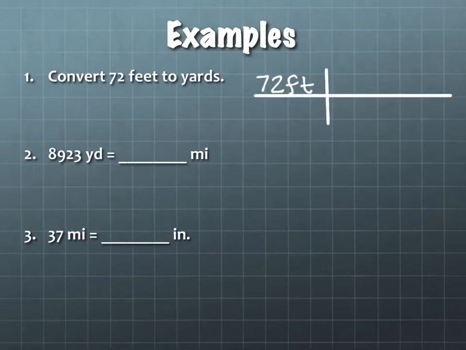The question asks us to change the feet into yards. So, in order to get the feet here to go away, I have to have a measurement of feet on the bottom so that they will cancel out. Okay? So they're always along a diagonal from one another if I'm wanting something to cancel out.